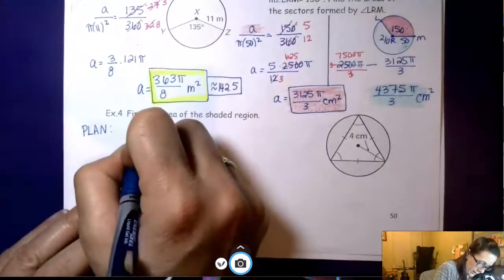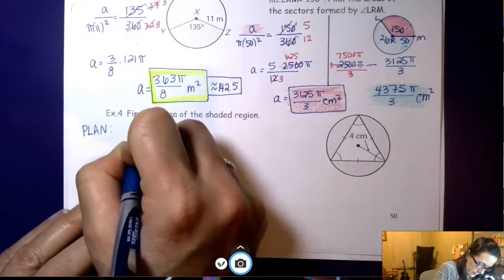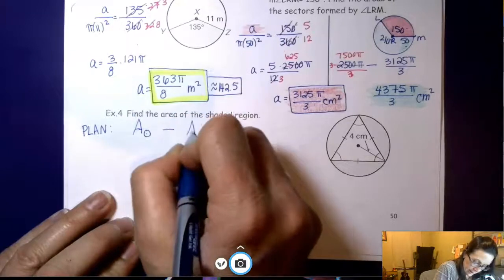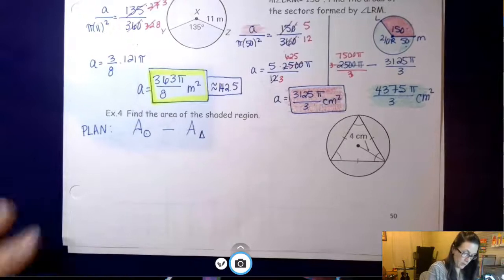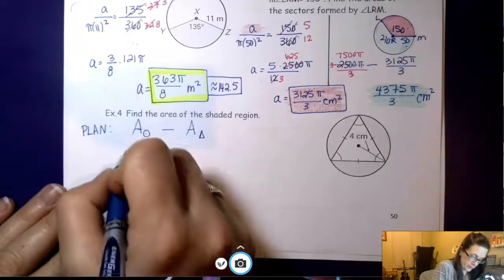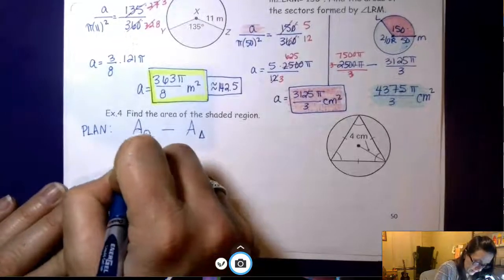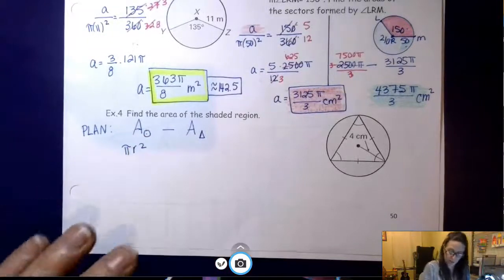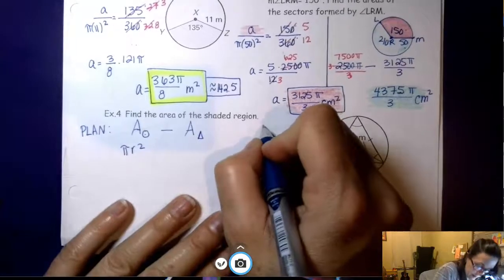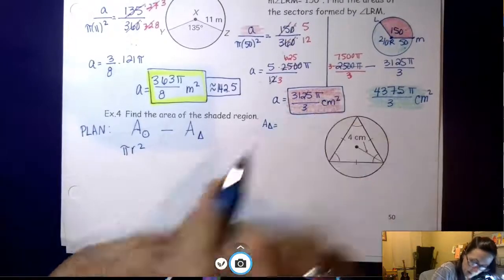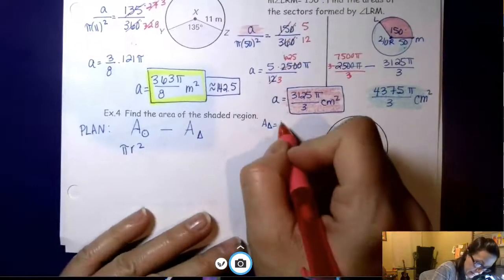I need the area, I'm going to draw a little circle here, minus the area of a triangle. So do I know the formula for area of a circle? Yeah, it's pi r squared. Do I know the area for a triangle? Well, yeah. I'm going to write area of a triangle over here equals 1/2 base times height.